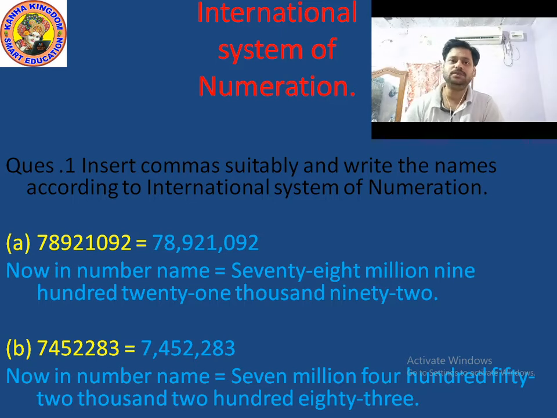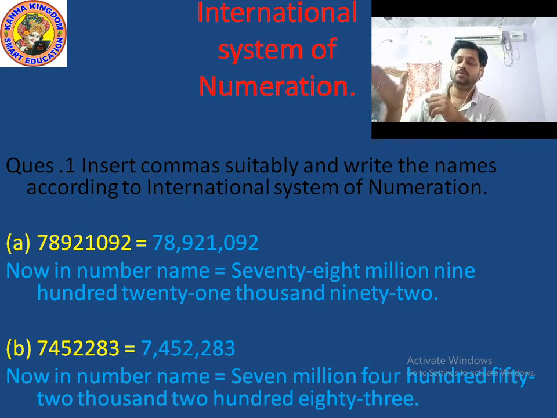B part of this question is 74528283. 74528283. Okay, so here also first you count the digits from the right hand side, because the right hand side is the first period, and the name of the first period is ones period, and in ones period 3 place values.